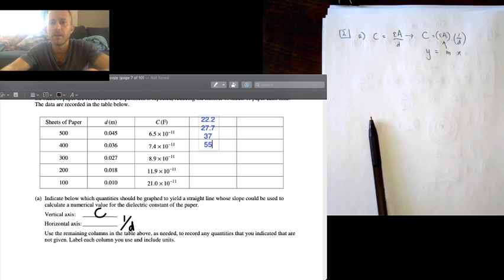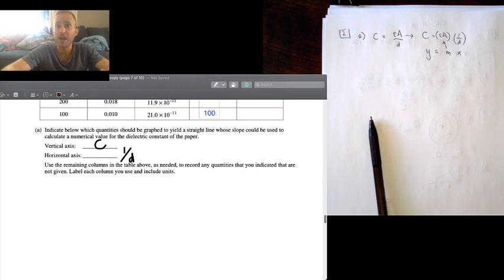And 1 over that is 100. So these are my points. Maybe I'll put some spaces in. There. So it's kind of lined up.